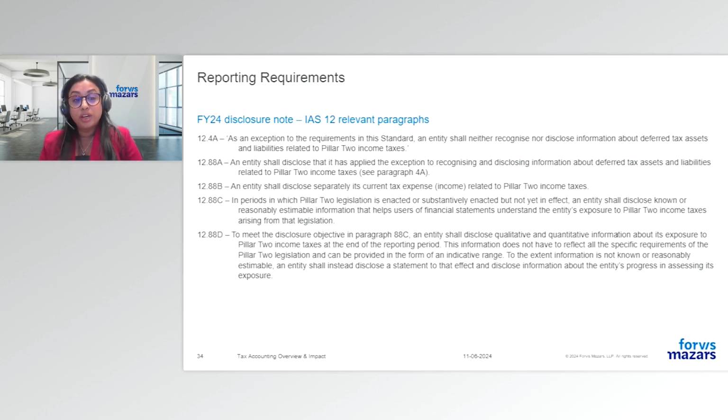In 24, if applicable, the top-up tax will be reported and shall be disclosed separately under the current tax. Furthermore, information about being in scope of Pillar 2, update on relevant Pillar 2 legislation, and a qualitative and a quantitative impact analysis should be included in the disclosure note. Handing over to Scott now to discuss the US GAAP disclosure note requirements.